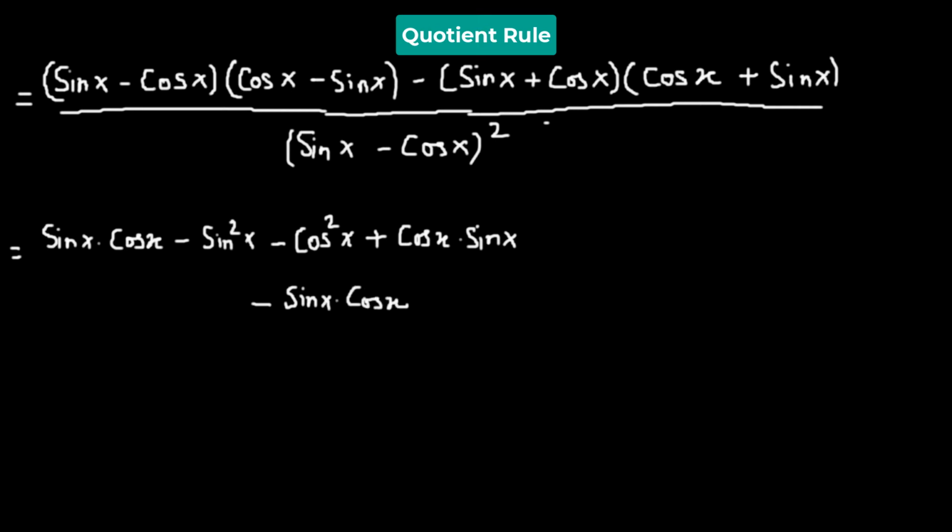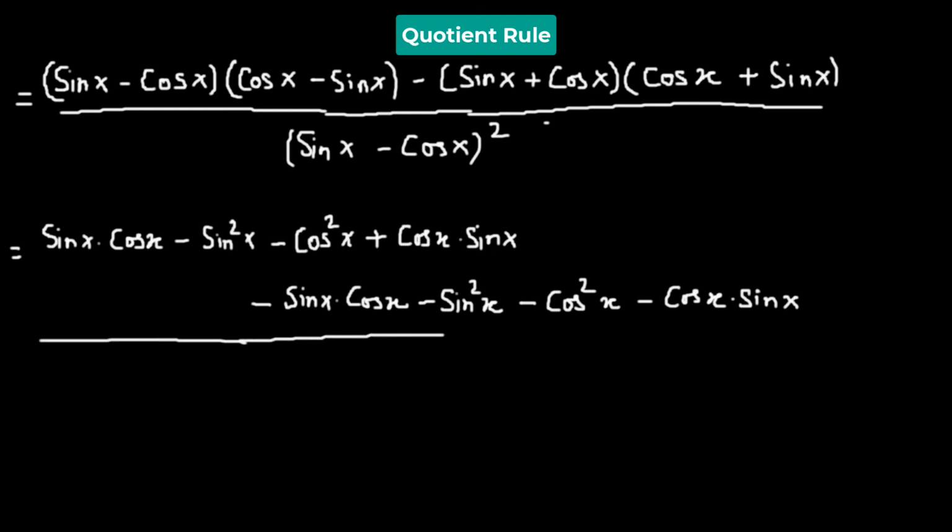Then we multiply negative sine x to positive sine x, so that will be negative sine squared x. Then we have negative cosine of x multiplied to cosine of x plus sine of x, so we have negative cosine squared x minus cosine of x times sine of x, whole divided by sine x minus cosine of x whole squared.